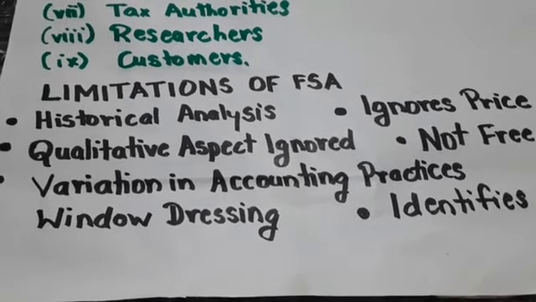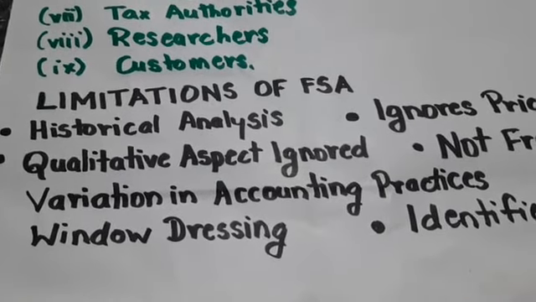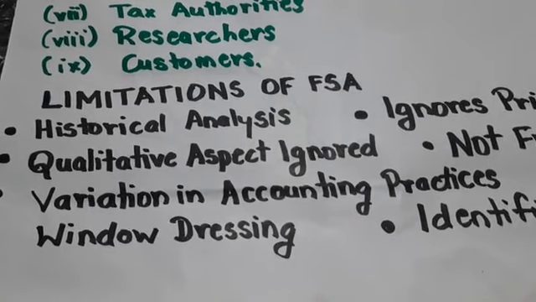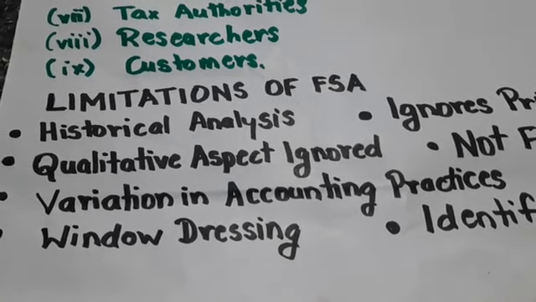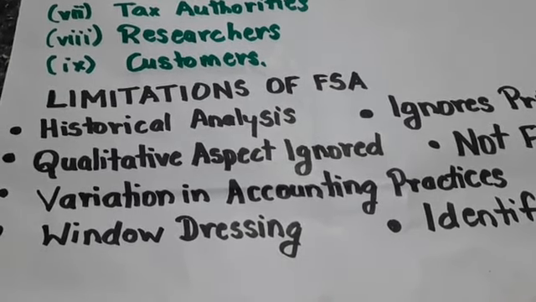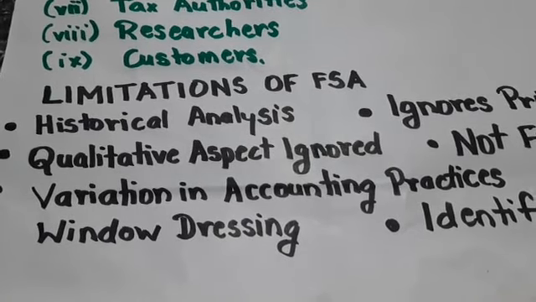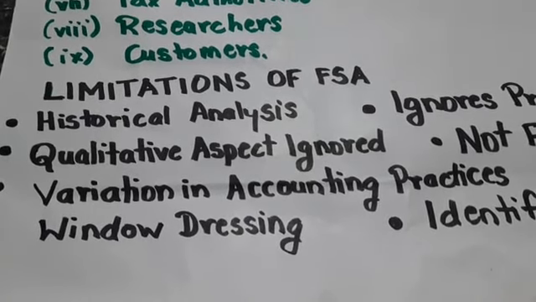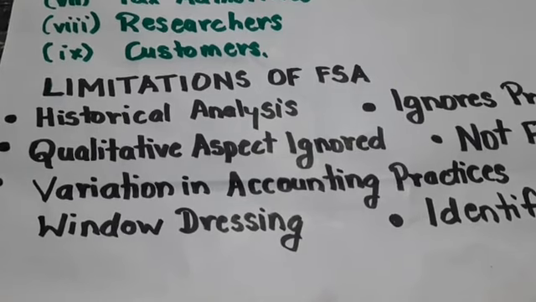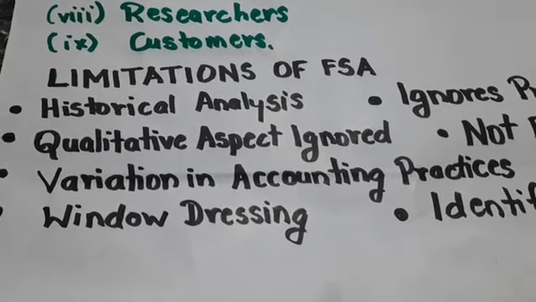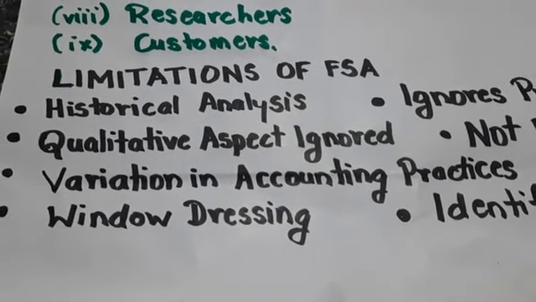The next concept is window dressing. This is a new concept for you. Window dressing means manipulation in the amount of financial information. There the position of the balance sheet is shown as positive to misguide the users.